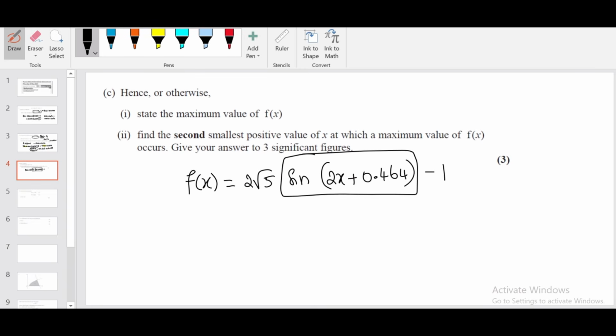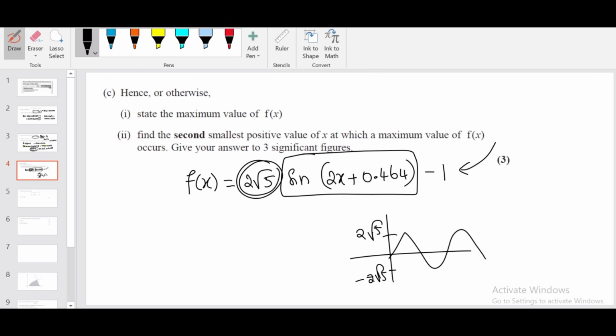It's a translation and stretching along the x-axis, which will not affect the maximum and minimum value. But the moment you multiply the function by this, the maximum becomes 2 root 5, minimum becomes minus 2 root 5. And when you put a minus 1, the graph will go down, so you need to subtract 1 from this value. So the maximum value of f of x is 2 root 5 minus 1.